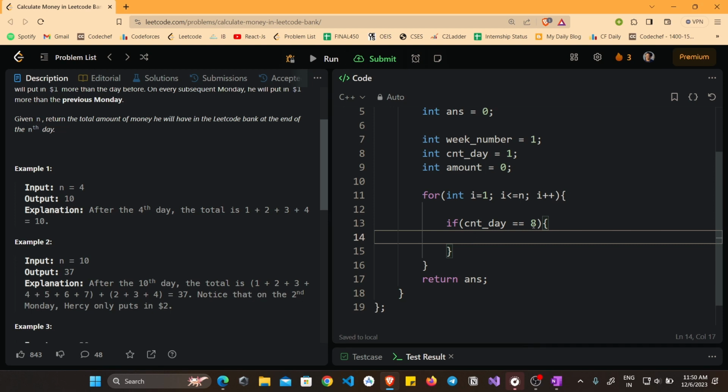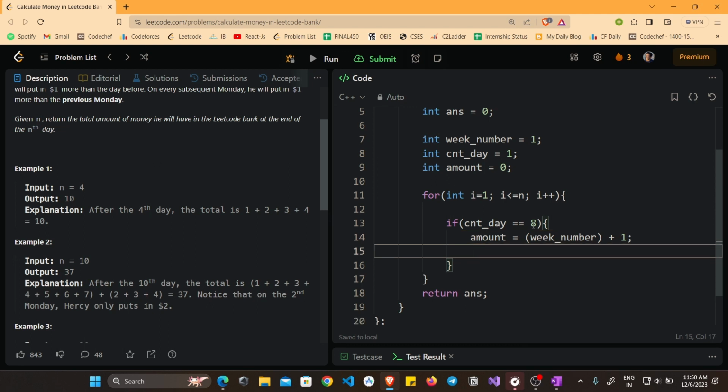So on that Monday, my amount will be equal to whatever the week number is. My week number indicates the amount that the person deposited in the previous week. So whatever he deposited in the previous week plus $1 will be the amount he deposits today, that is on the next week's Monday. That's why I have written it like that.